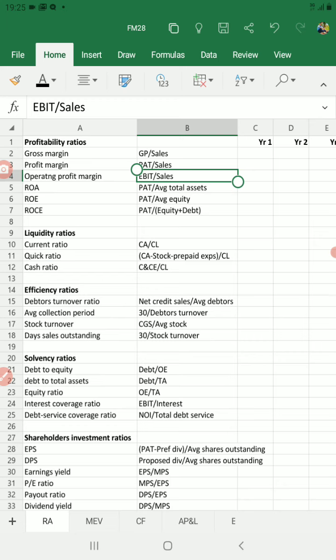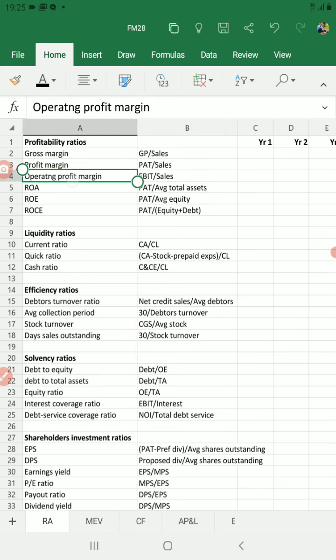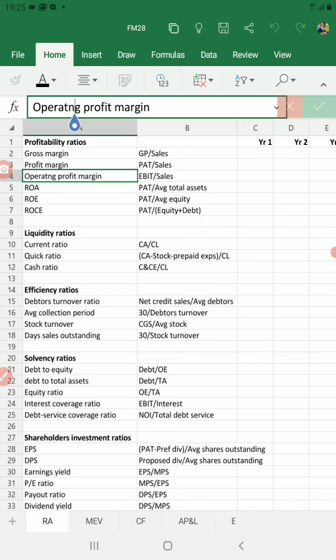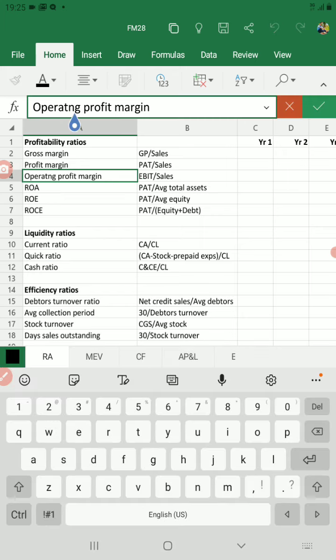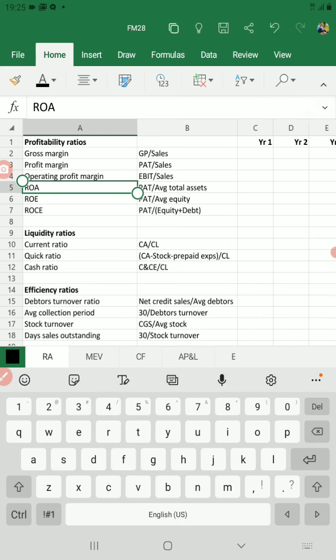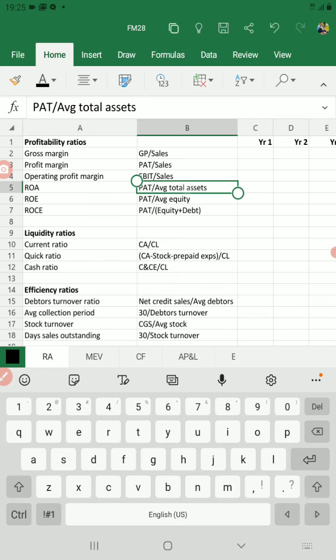So that is operating profit margin. Okay, so that is for the margin. For the returns, we have return on assets, that is profit after tax divided by average total assets.